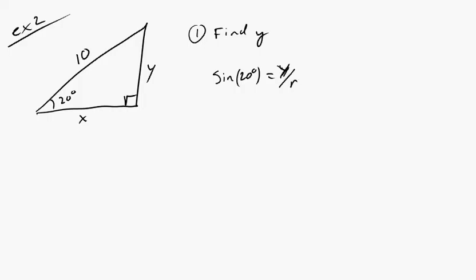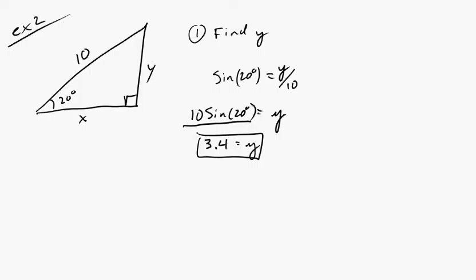R is 10. Now if I multiply by 10 on both sides, I have 10 sine of 20 degrees. I literally put that all in my calculator, 10 sine of 20. And rounding, I will get 3.4.